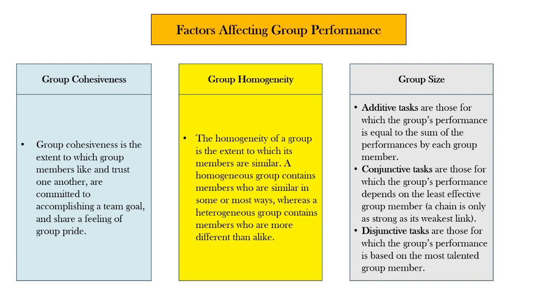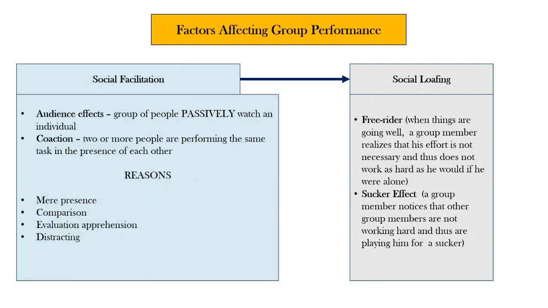Okay? We have other factors or theories relevant in affecting group performance, still within the context of group homogeneity. We have social facilitation. Psychologists have studied that social facilitation and social inhibition are two important concepts not only in social psychology but also in industrial organizational psychology.